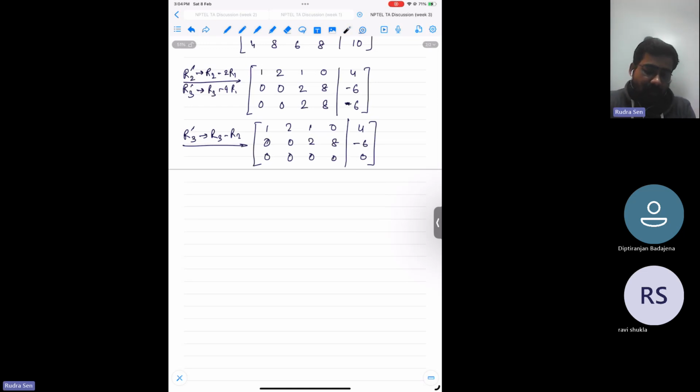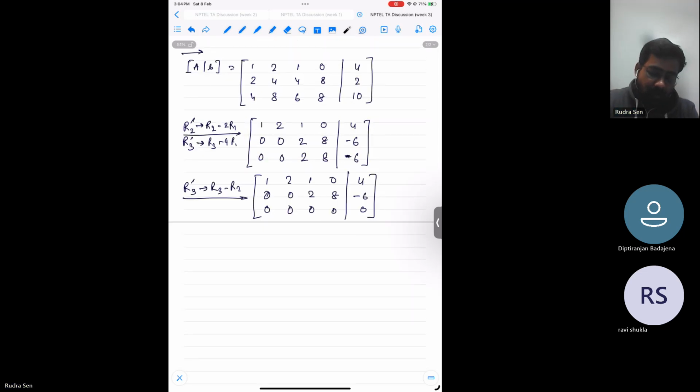Since we have a 0 equals 0 row, that means a solution exists.